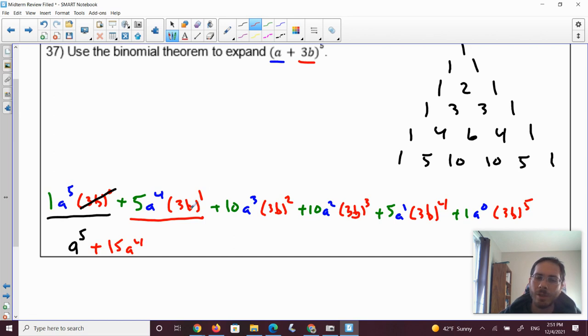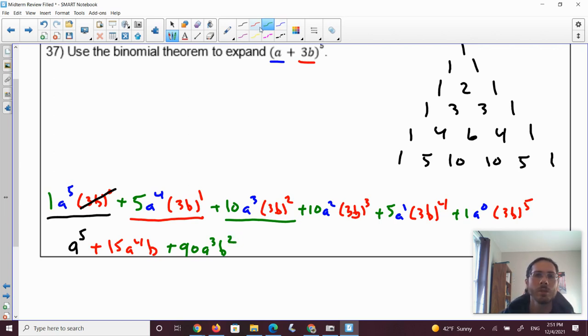Now we still have this b over here, though. We have to include the b. I don't need to put the 1 if I don't want to put the 1, and I don't, so I'm not going to. Next term we have, all right, 3 squared is 9. 9 times 10 is 90. A cubed. B to the 2nd power.